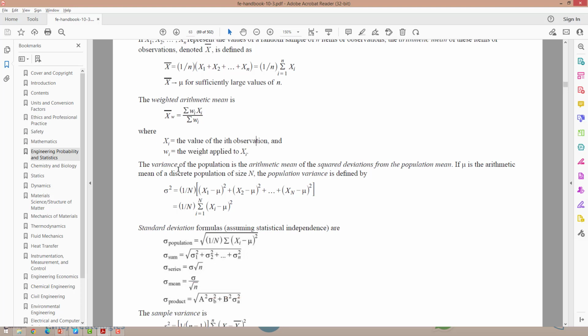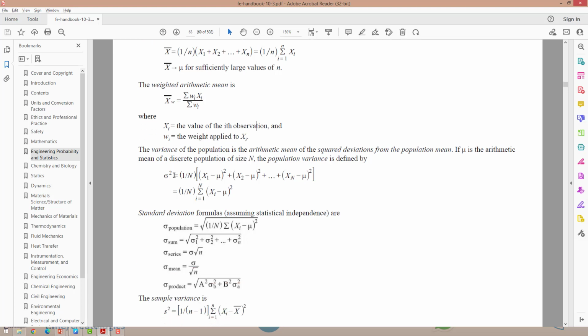And for the variance and the standard deviation, variance will be sigma square, and again it depends on whether discrete data is given to you or a frequency distribution table. If it's discrete data, then use 1 upon n, subtract mu from each of the observations, take their squares and add up all the quantities. You will get your variance value.